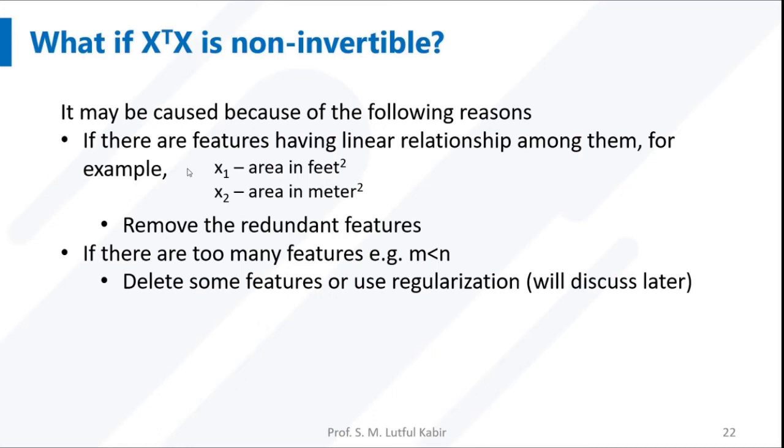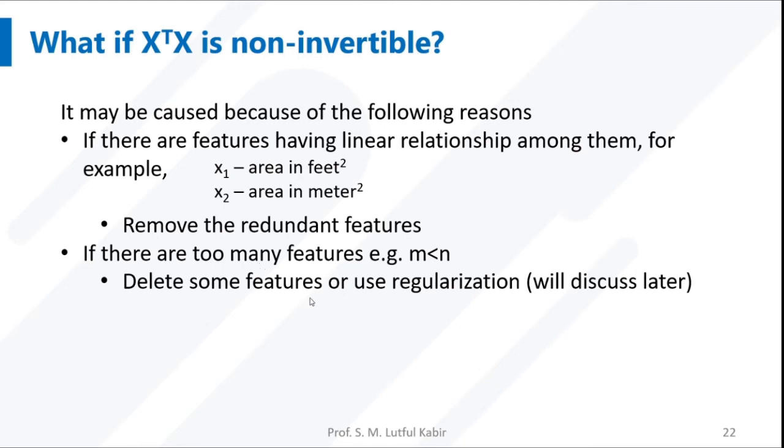For example, you have a number of features, and among them there are two features called x1 and x2. One is area in feet squared, the other is area in meter squared. The relationship between meter and feet: 1 meter equals 3.28 feet. So this is redundant. One is redundant, so you have to remove the redundant one. If you remove the redundant one, then the matrix will be invertible.